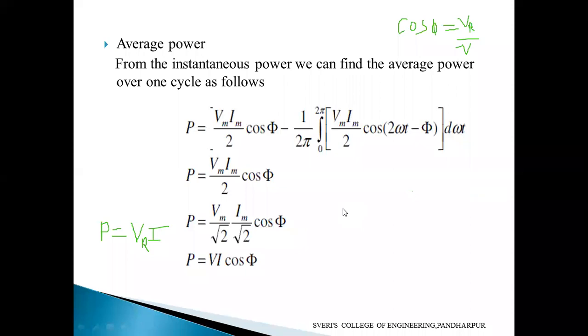Next line. We know that the average power of inductance is 0.